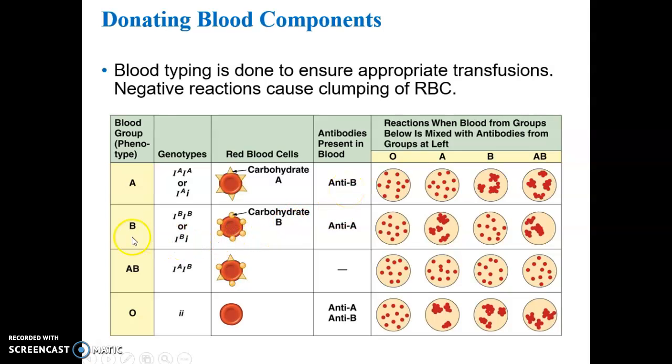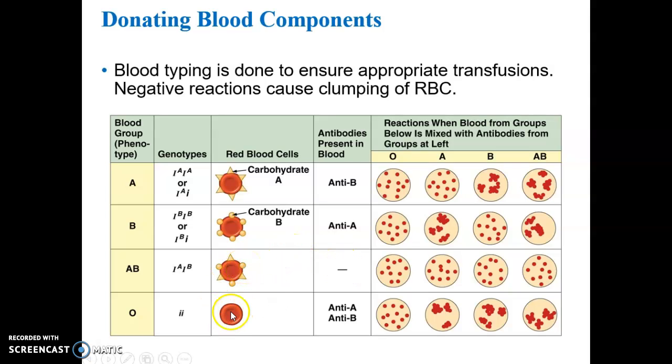If you're blood type B, your red blood cells have surface molecule B, and in your bloodstream you have anti-A antibody. If you're blood type AB, since your red blood cells have both surface molecules A and B, you produce none of the antibodies, because the antibodies would attack your own blood cells.